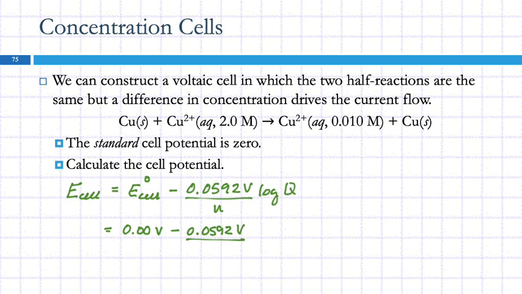So N is equal to 2 times the log of Q. And here, Q is the concentration of copper ion on the product side divided by the concentration on the reactant side. So 0.010 divided by 2.0.